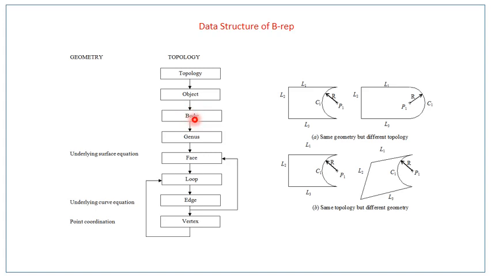of bodies. So simply, the number of bodies connected to form a single object, and then genus, and then face. Number of faces is genus.